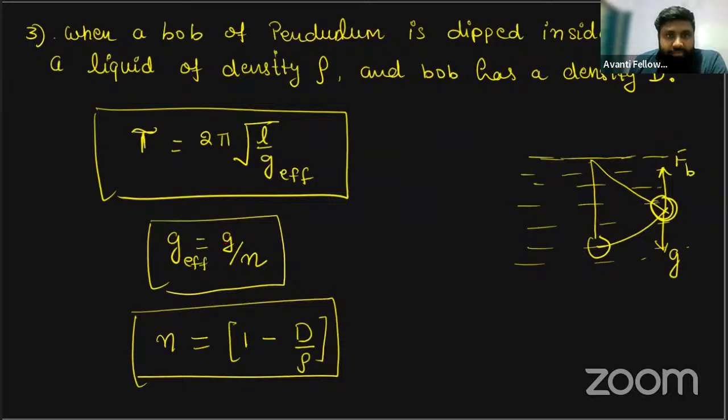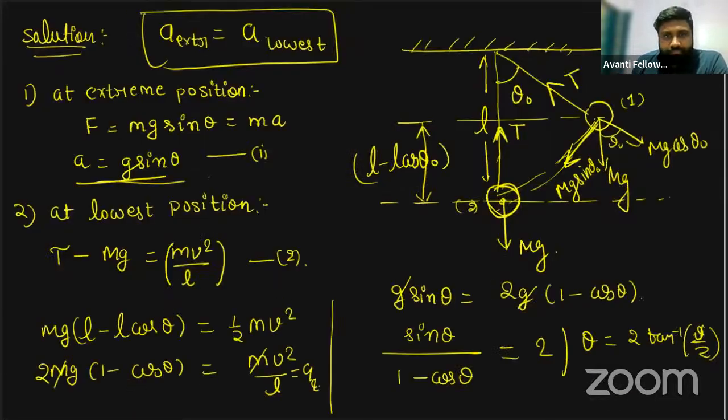So g effective is g minus g upon n, and n here is D by rho. That is the correction. I was just confused about where to have the minus here. So D by rho is the only thing that you have to do.